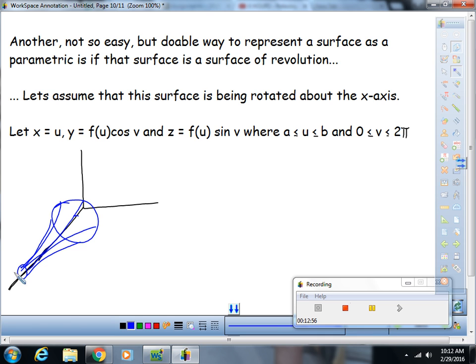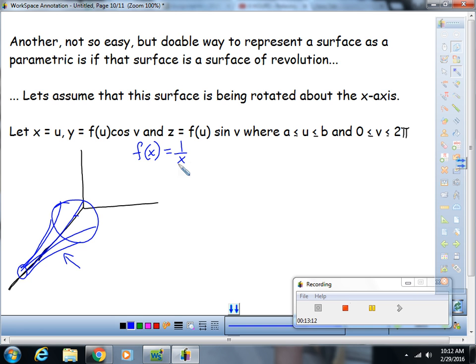All right, well, let's say that these lines started by this parent function, f of x equals 1 over x. So hopefully you can kind of envision. Now remember, when we do surfaces of revolution, we're taking a function and revolving it around the axis that we choose.